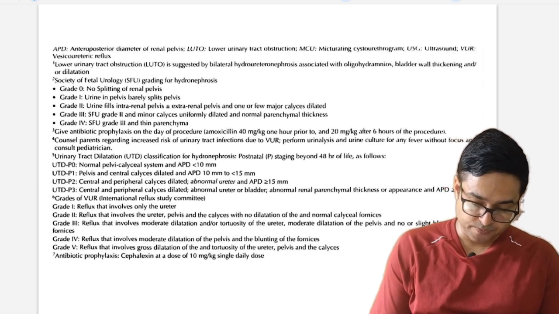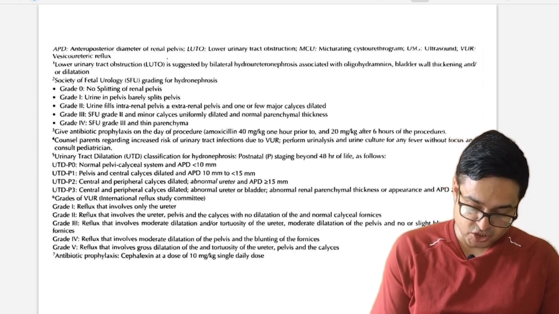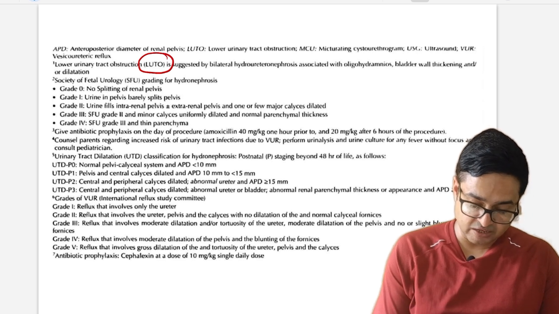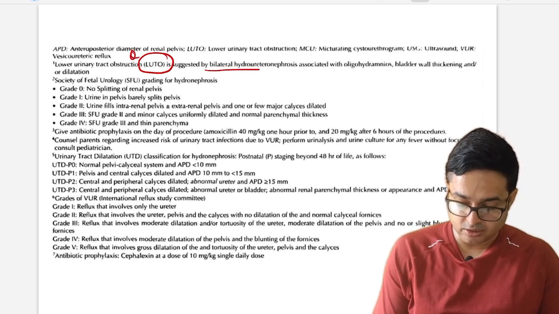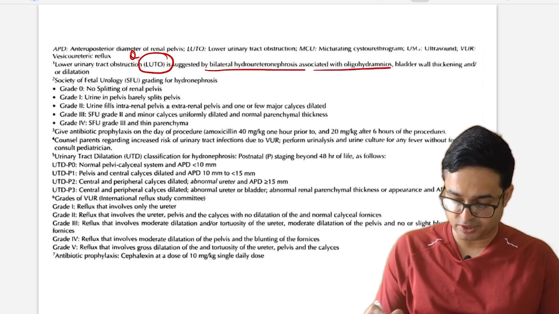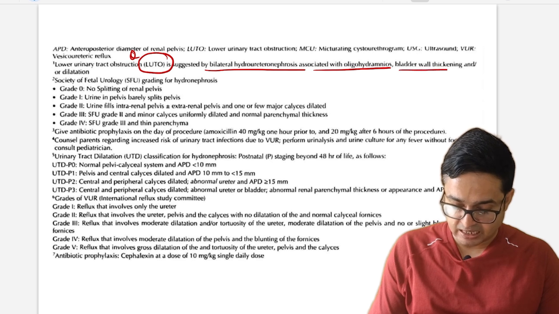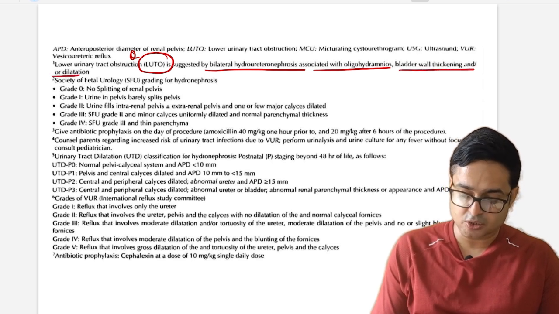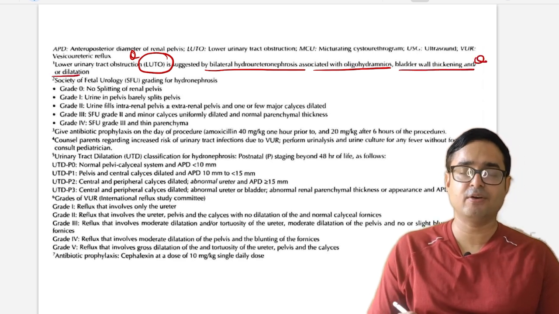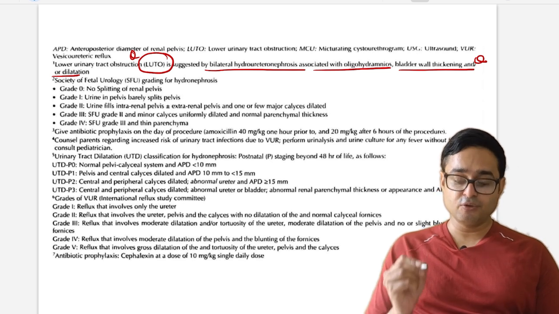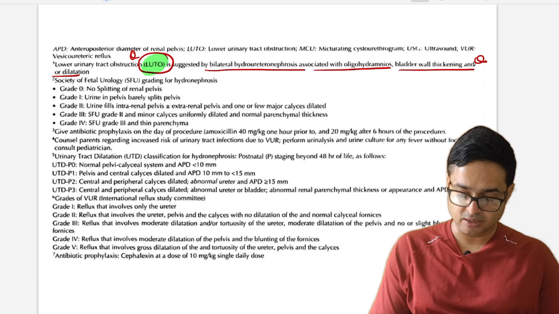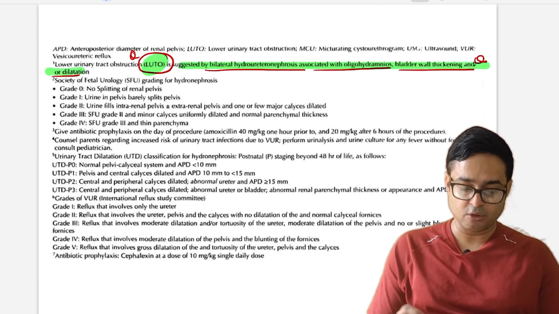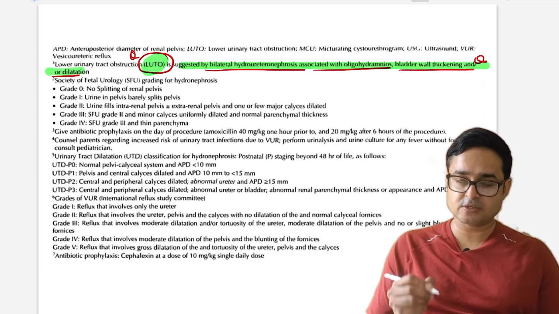Lower urinary tract obstruction, they will ask what it is defined as: bilateral hydroureteronephrosis along with oligohydramnios, bladder wall thickening and or dilatation. So definition of lower urinary tract obstruction you have to be well versed with, because this is a previous year exam question. Definition of LUTO. We have discussed SFU staging in this flowchart.